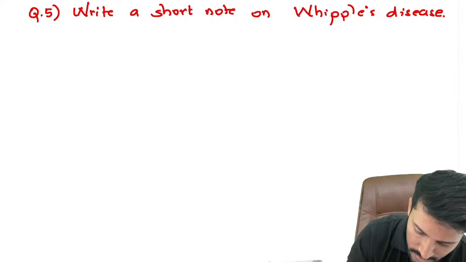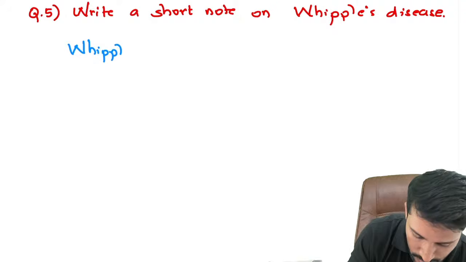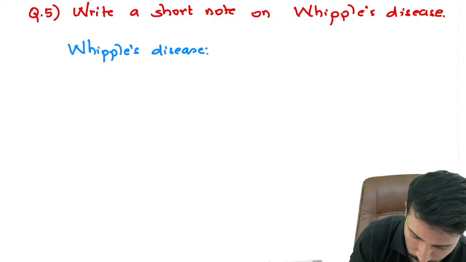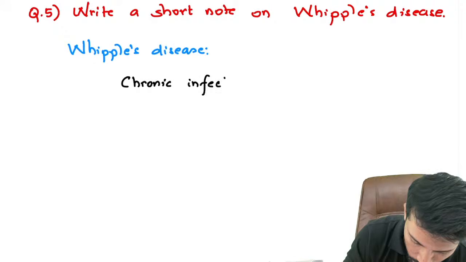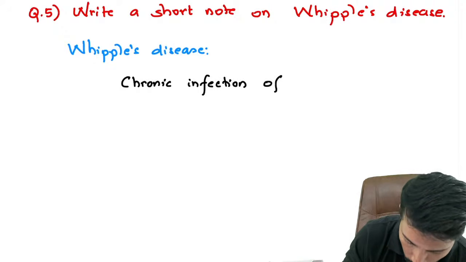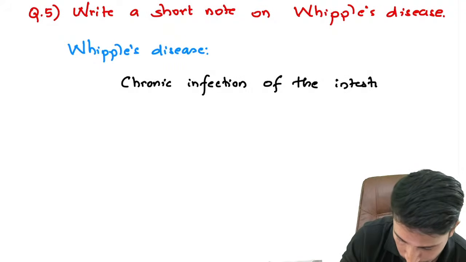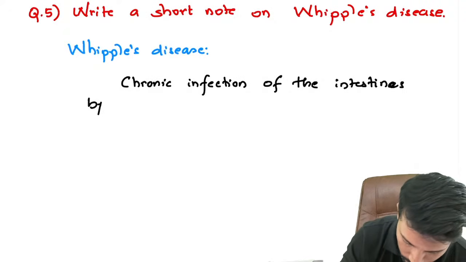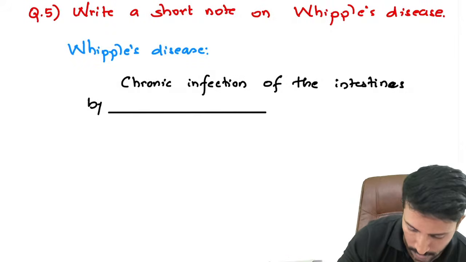So now, what is Whipple's disease? Whipple's disease is a chronic infection of the intestines. What is the organism responsible for this condition?